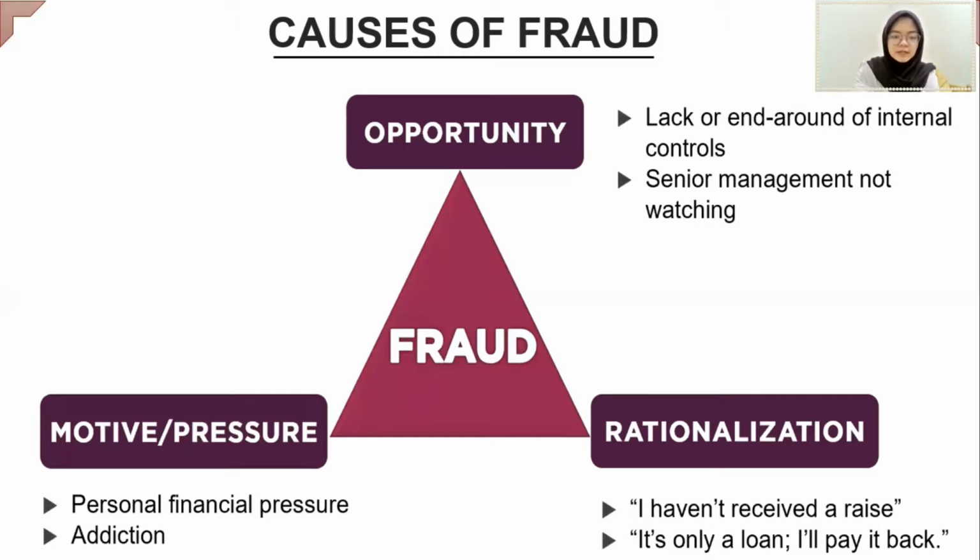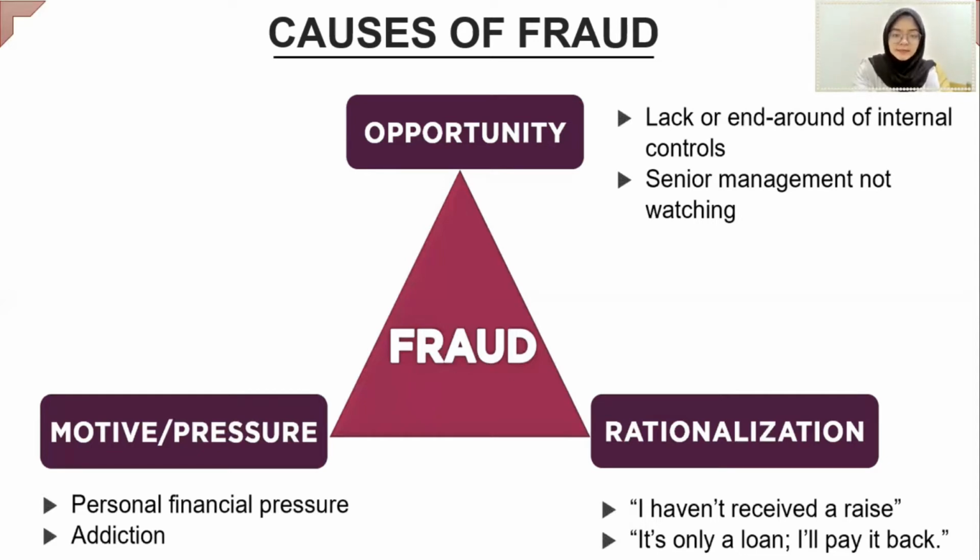Second, opportunity. Opportunity is a situation where someone believes that there is an opportunity or condition that promises benefits if they commit fraud and are not detected. Opportunities can encourage an employee to commit fraud even when the employee doesn't have the pressure to commit fraud.